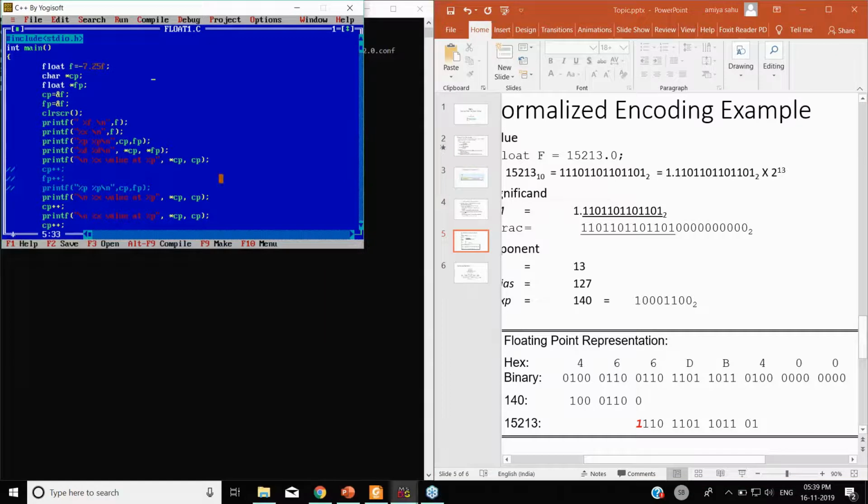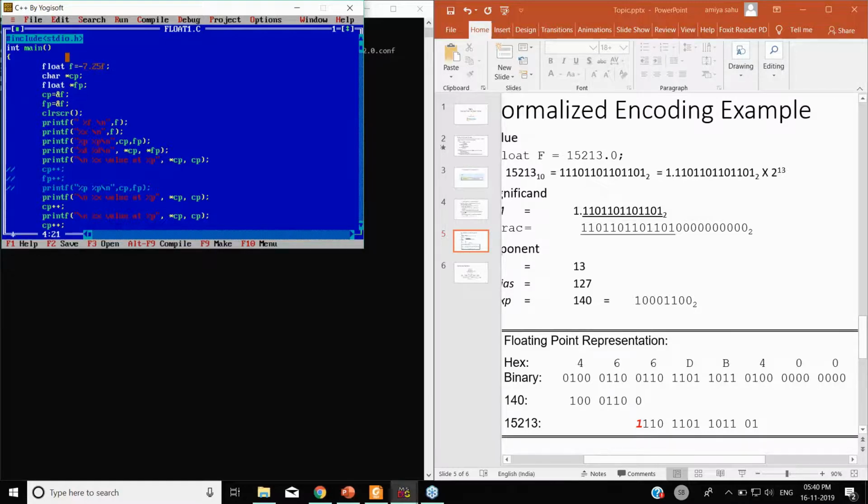Let us see its practical implementation and understand how a floating point number is stored in a typical computer. When you see, a float variable f is assigned with the value minus 7.25.